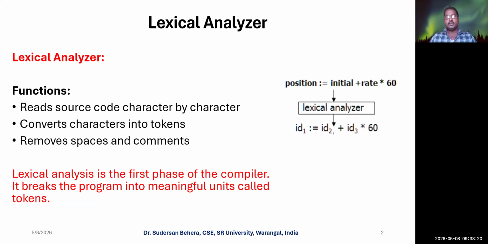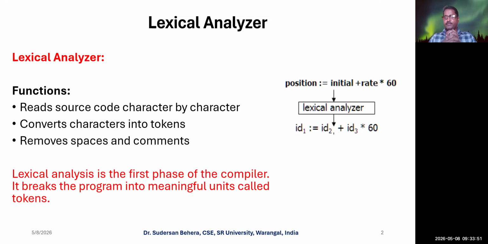As you see on the screen, the first phase of the compiler is lexical analysis. What a lexical analyzer does, that we are going to discuss now. The function of the lexical analyzer: it reads the source code character by character. It does not read the source code all at a time, or word by word, or line by line.